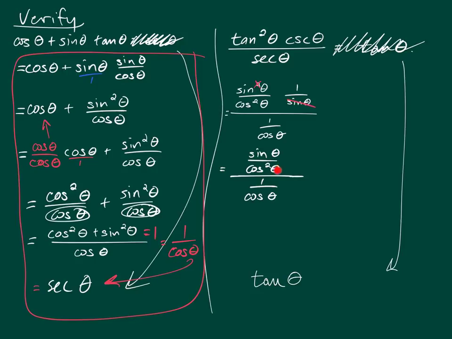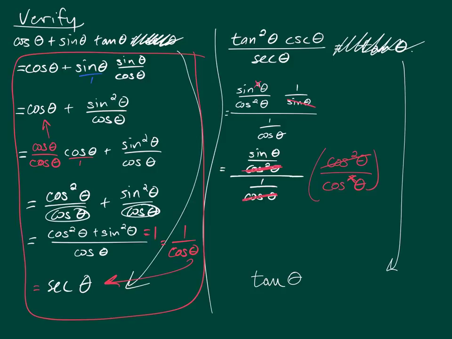Sine over cosine squared all over 1 over cosine squared. Now, in that simplification, we don't need a sine in our LCD anymore. So what I'm going to do is multiply by cosine squared theta over cosine squared theta, just to get rid of these denominators. So in the top, that cosine squared in the bottom reduces away. In the bottom, I can only take away one of those cosines there.